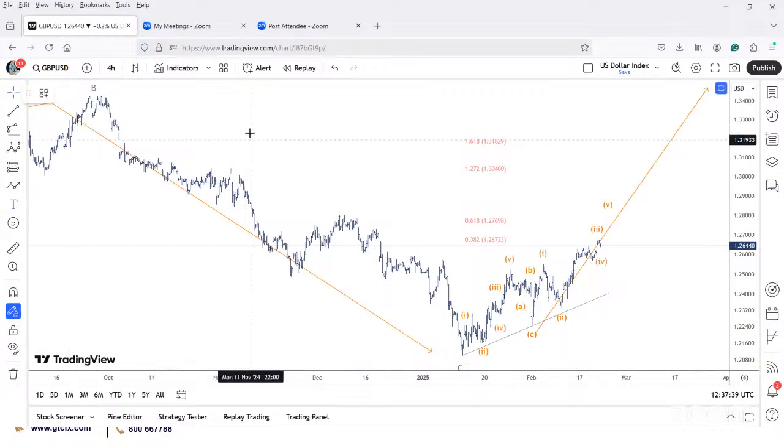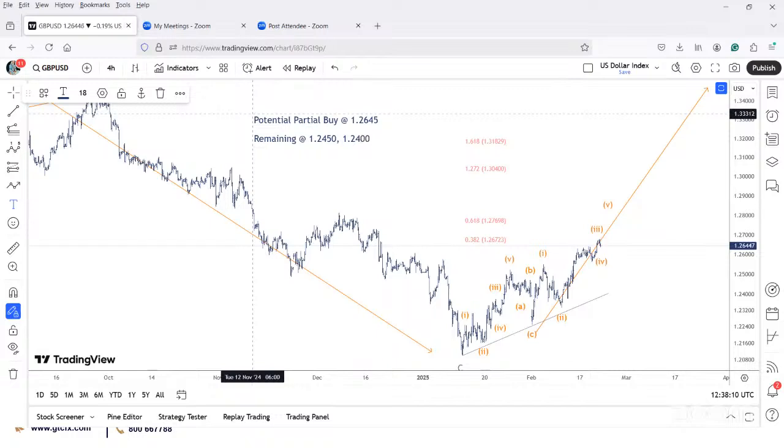So the third high potential trade setup, gold is a bit aggressive, is for the pound: partial around current price 1.2645 and remaining 1.2450. You could also buy around 1.2400.